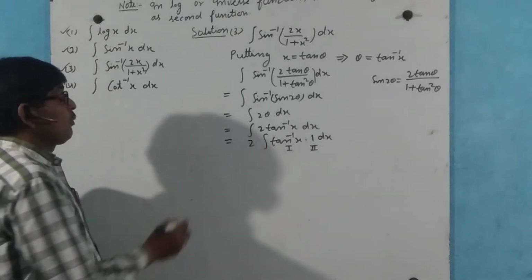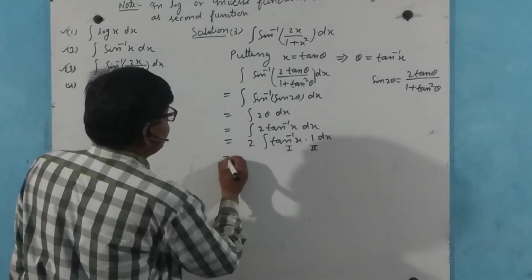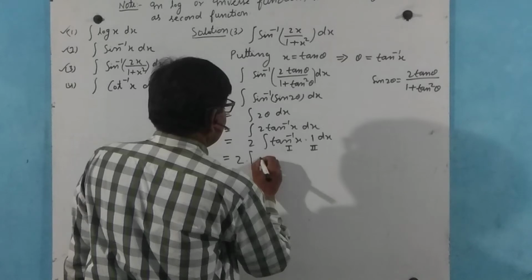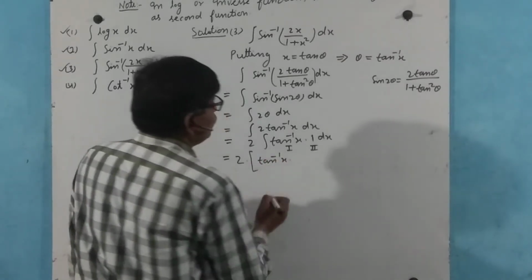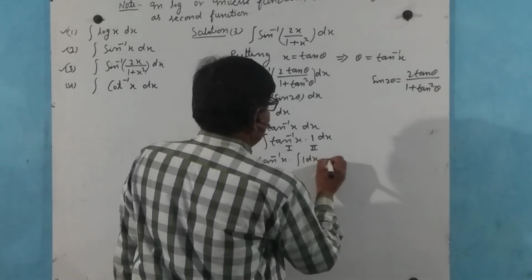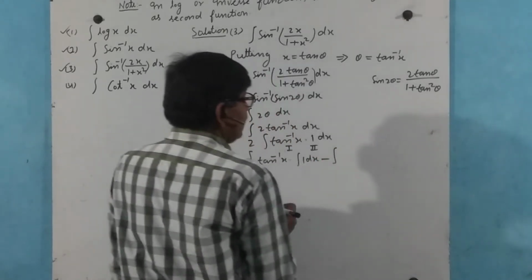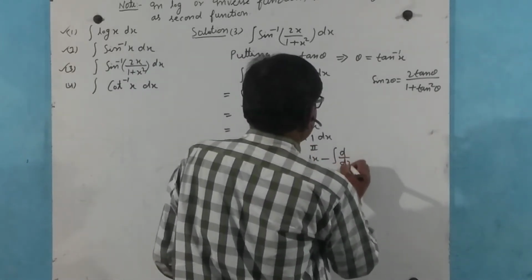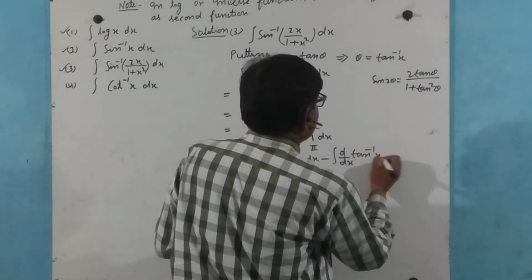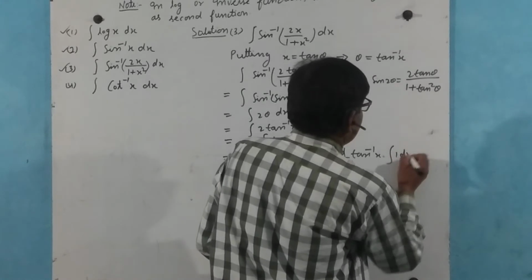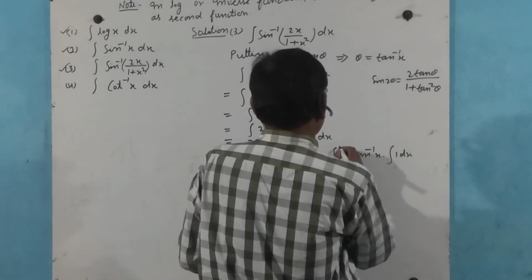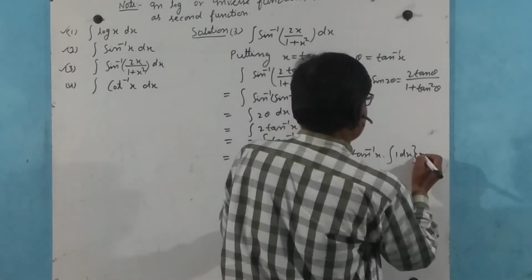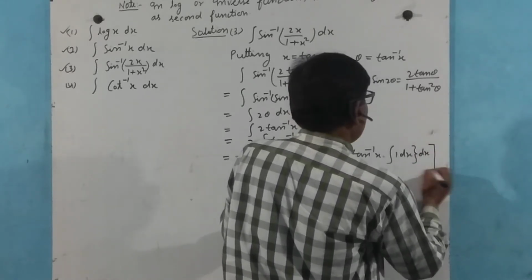In this case, this is equal to 2 [tan inverse x into integration of 1 dx minus the whole integration of the differentiation of the first, d by dx of tan inverse x, times the integration of the second, 1 dx], dx and bracket.